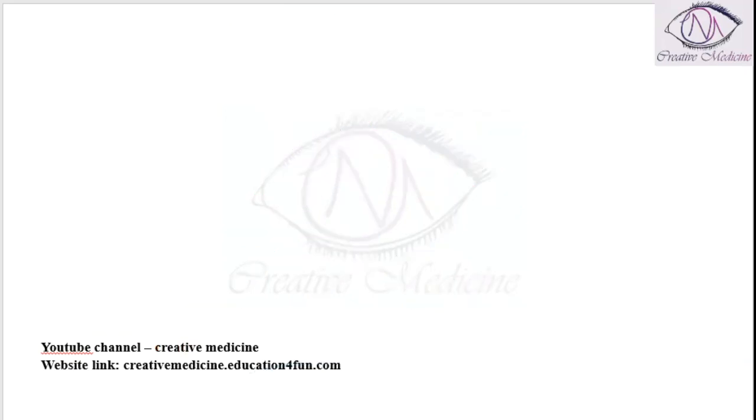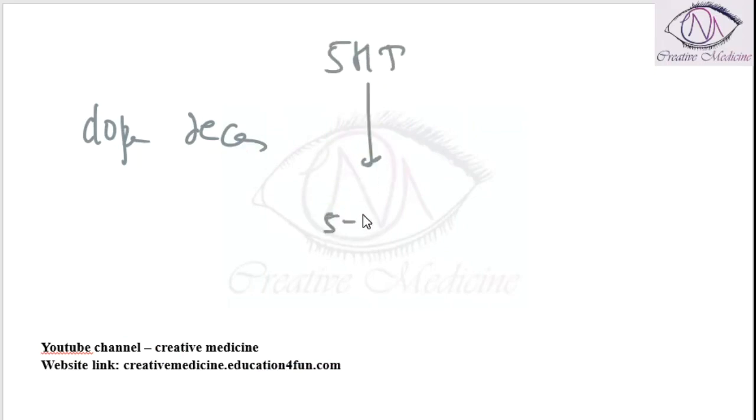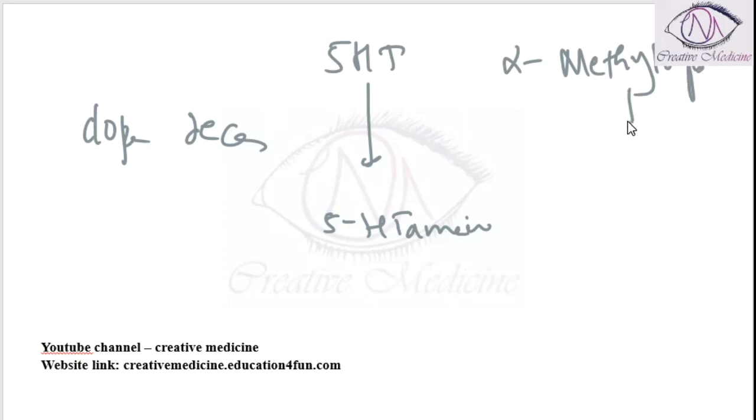The same dopa decarboxylase will also convert 5-hydroxytryptophan to 5-hydroxytryptamine. Similarly, it also converts alpha methyl dopa to methyl dopamine.